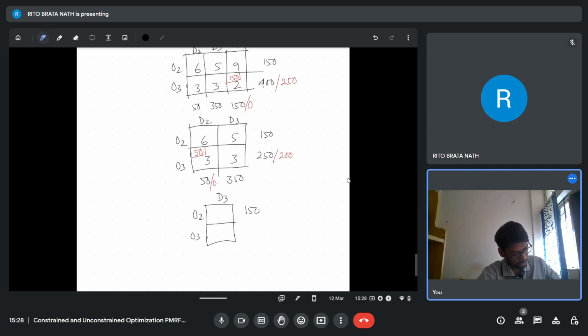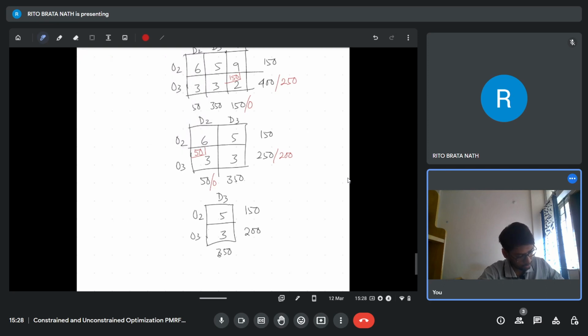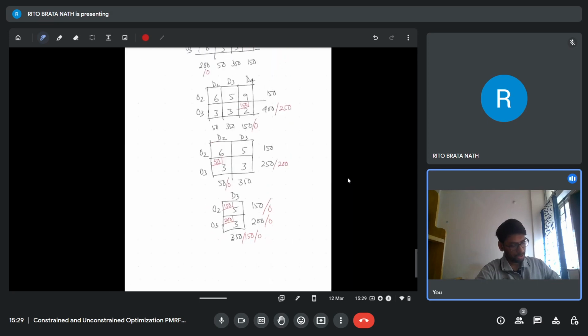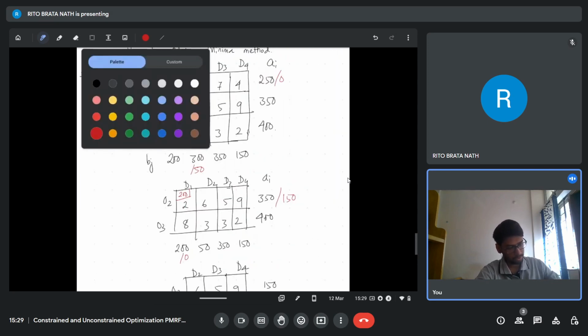This is 150, 200. This is 350. And as you can guess, the allocations will be straightforward. Here it will be 200. So this becomes 0. And finally, we're left with only one cell. So we can allocate 150. So this becomes 0. This becomes 0. Now let me calculate the total initial cost.